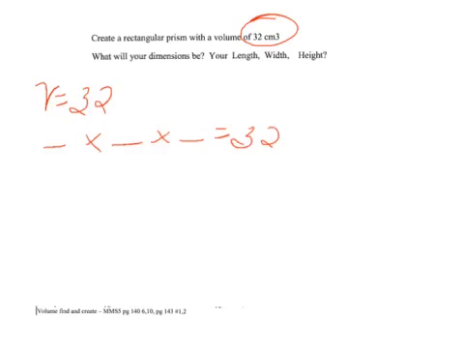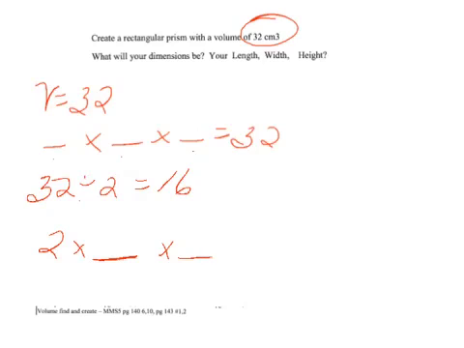In this case, 32 is the volume we're looking for, so we need something times something times something that's 32. I'm going to try 32 divided by 2, which gives me 16. So one of my dimensions is going to be 2, and then I need my other 2 dimensions to multiply to equal 16. Well, what can multiply to equal 16? Well, 4 and 4. So I could have a rectangular prism that has a length of 4, a width of 4, and a height of 2.